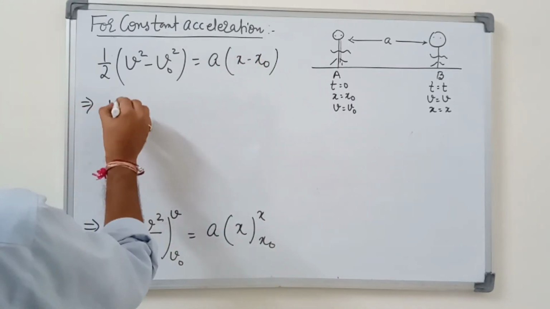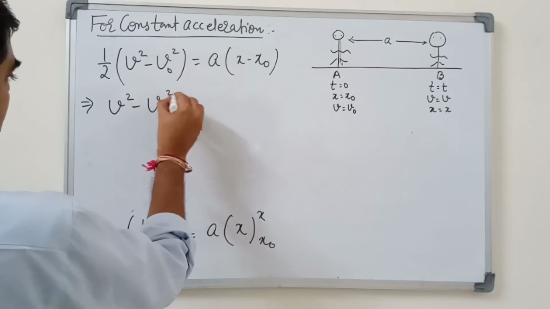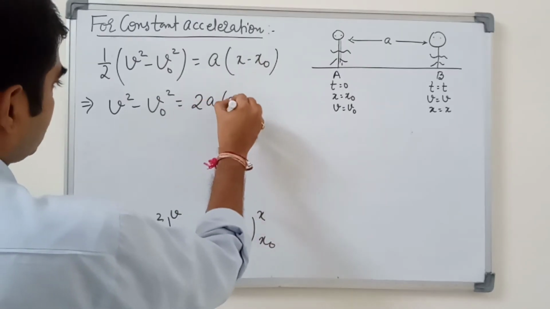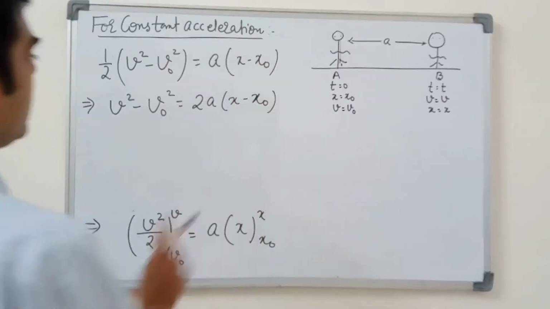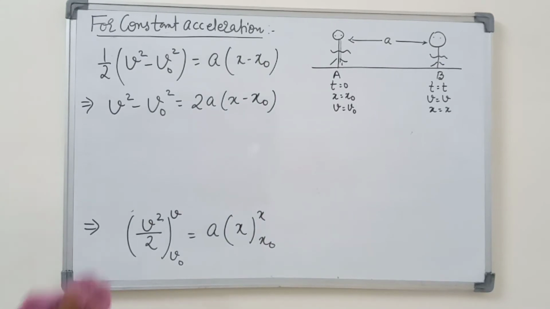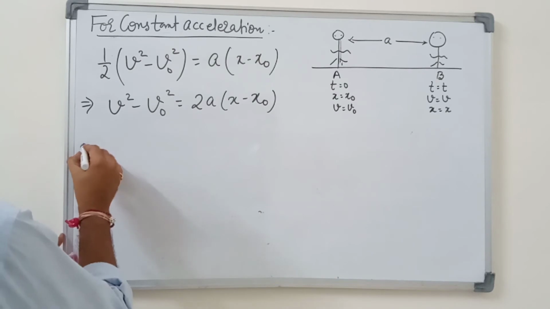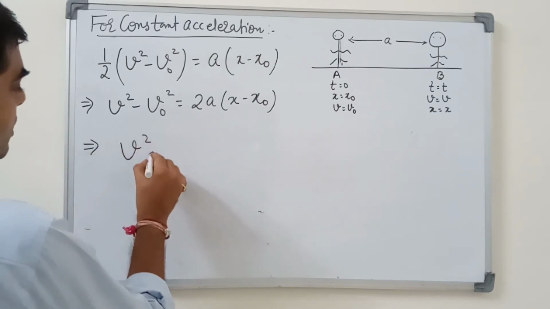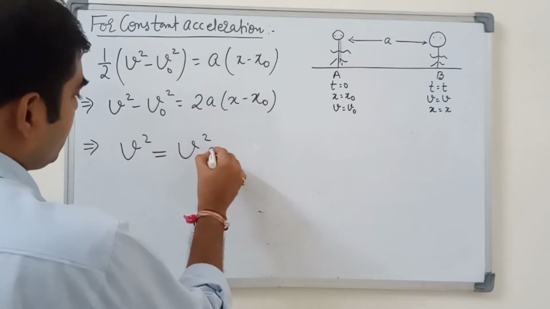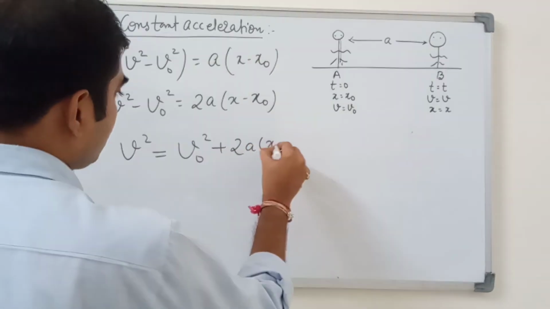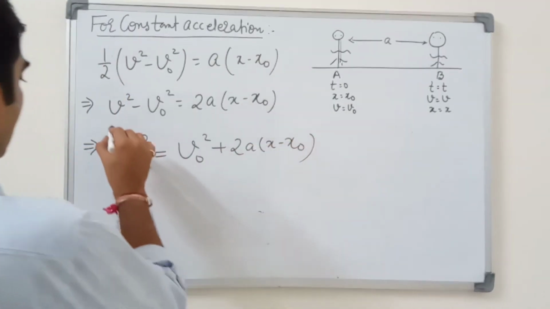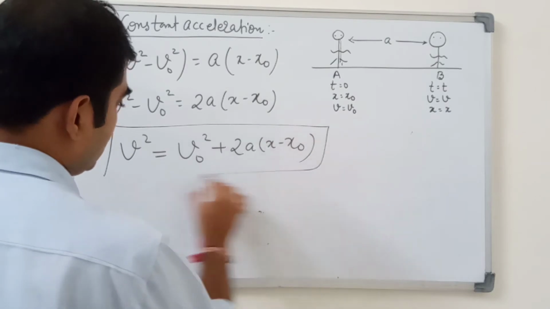So v square minus v naught square is equal to 2a times x minus x naught. Now v naught square is transferred here. So v square is equal to v naught square plus 2a times x minus x naught. It is the third kinematic equation.